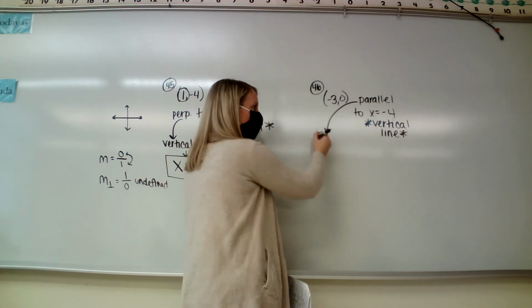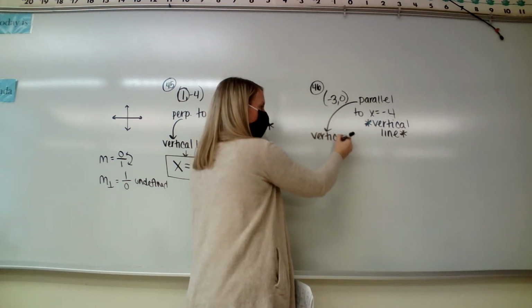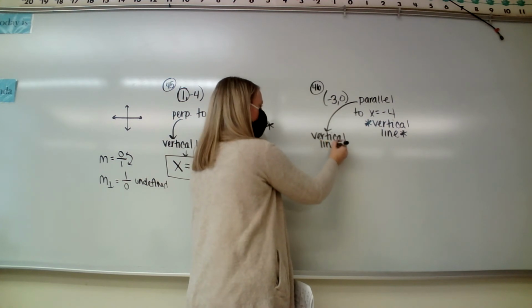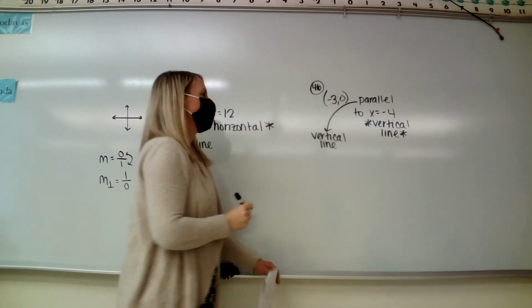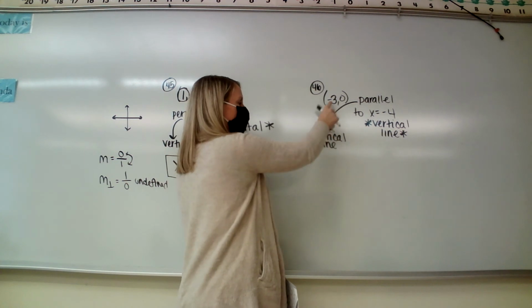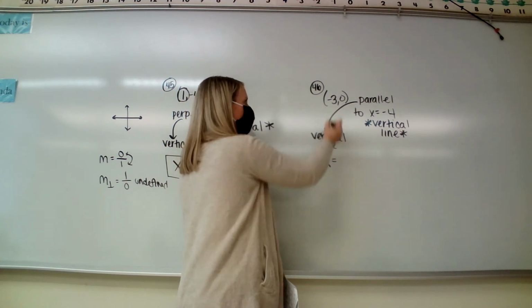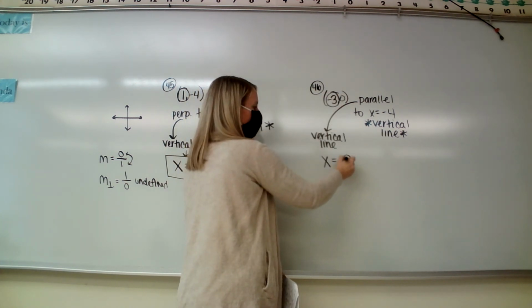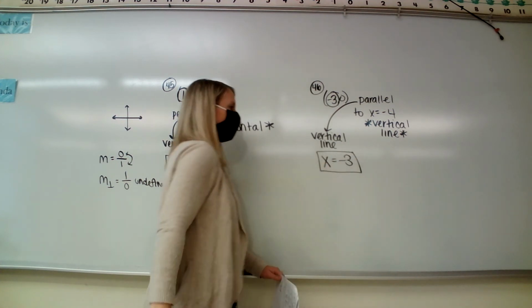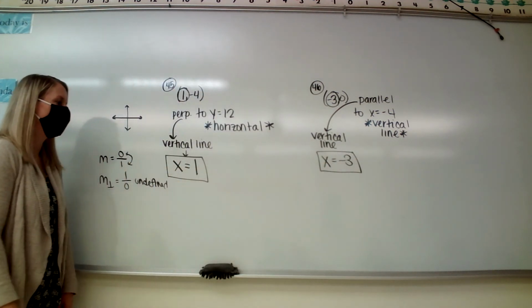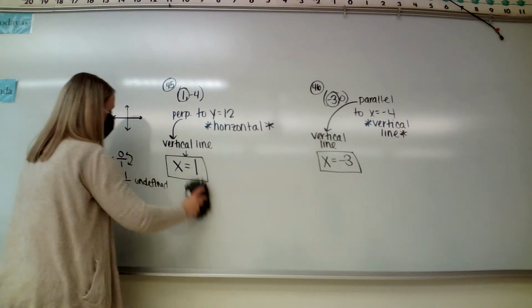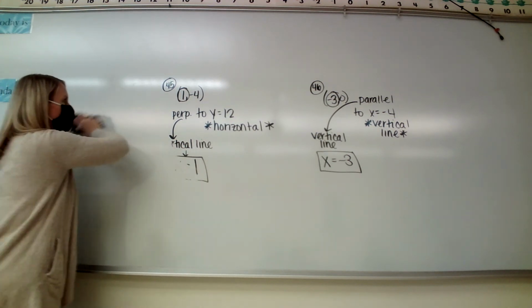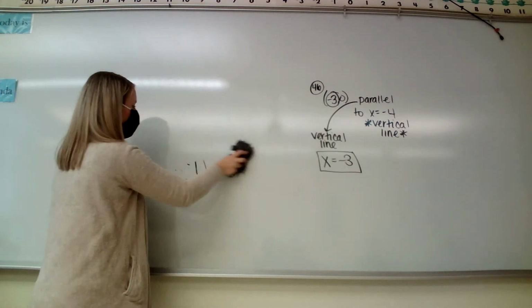Parallel is also going to be a vertical line, right? Because parallel just means they have the same slope, they're both undefined. So a vertical line through this point would be x equals, and you just take the x from your point. So again, a lot of labeling or just doing it in your head. You need to know those x equals and y equals.